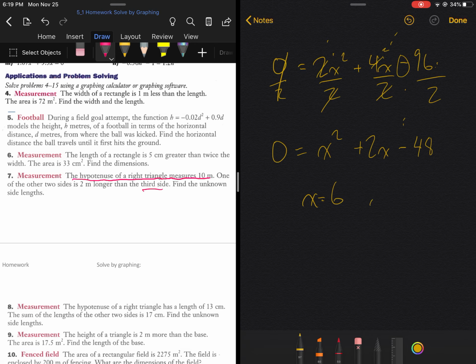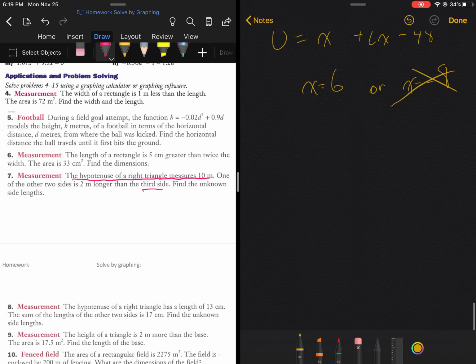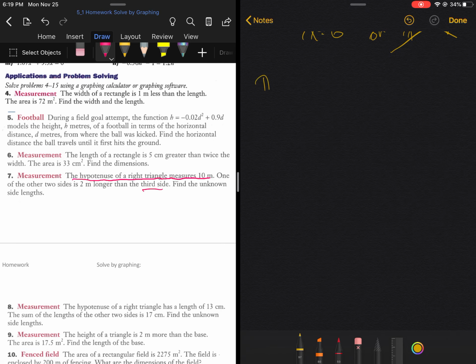So x equals 6. When y equals 0, x equals 6, or x equals minus 8. So what's the possibility? Can a side length be negative? No. X equals 6. So that's 6. And that's going to be x plus 2, which is 8. So therefore, the other two sides are 6 and 8.